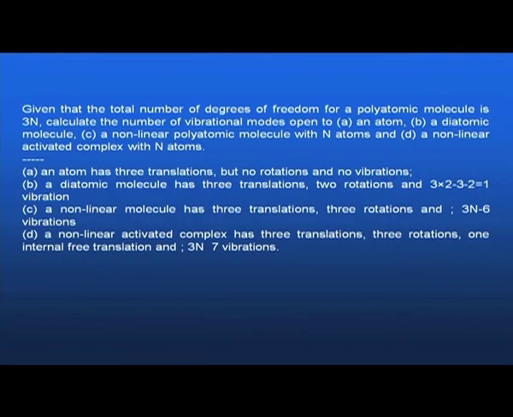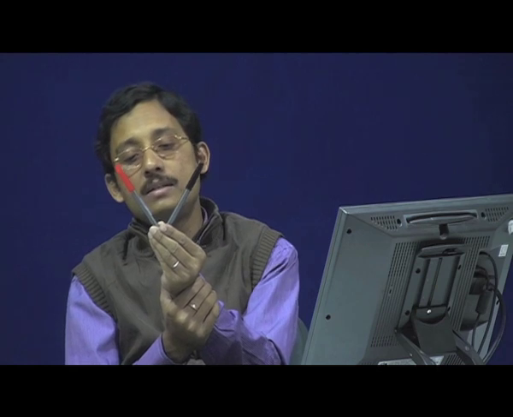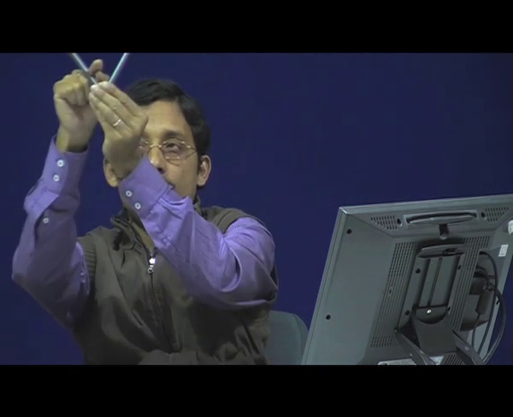And for a nonlinear molecule, say this is a nonlinear molecule like this, it will have 3 translations, as it is obvious that it will have a center of mass located somewhere over here. So, it will move this way or that way or this way.